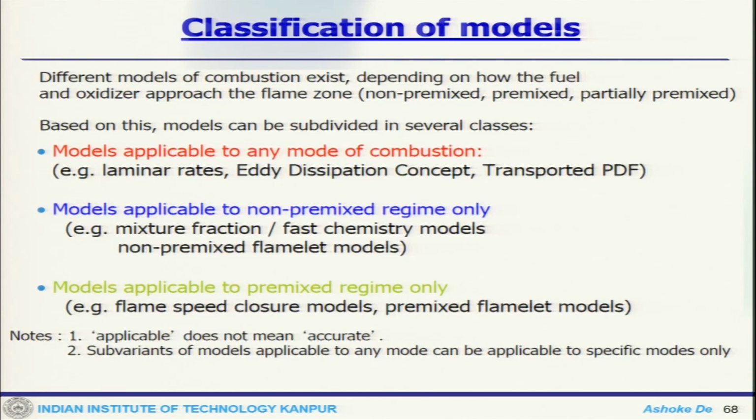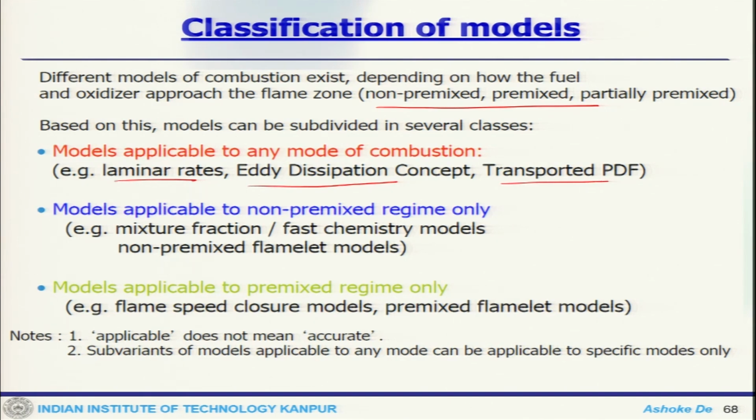Now, the different models which one may like to use, but we are talking about this kind of combustion. The models which are applicable to any mode of combustion could be laminar finite rate kind of model, EDC kind of model, or transported PDF kind of model.